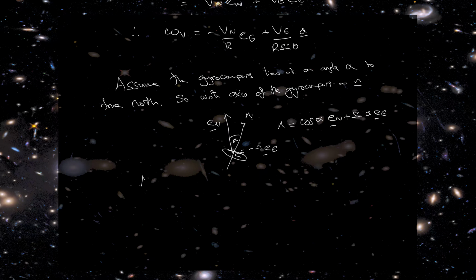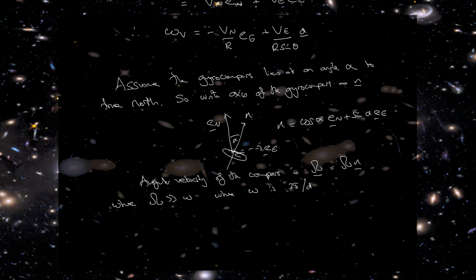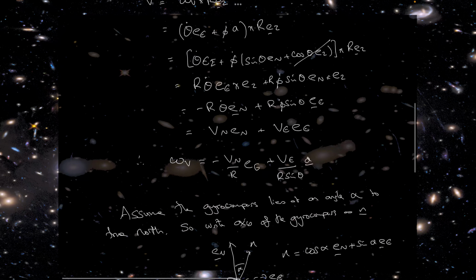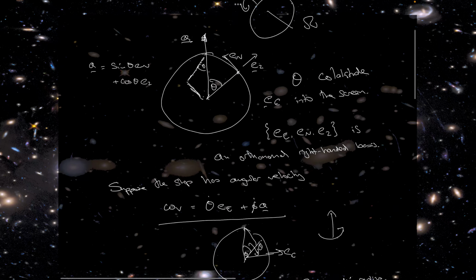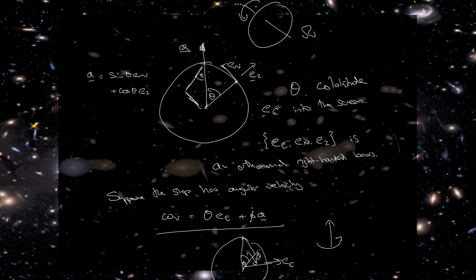So the angular velocity of the compass is going to be capital Omega, which is scalar Omega times n, where Omega is a lot larger than little omega, where little omega is 2 pi radians per day, the angular velocity of the Earth. So in vector form, omega for the Earth is scalar omega times vector A, again A corresponding to the direction straight up through the North Pole.